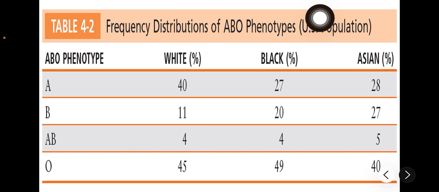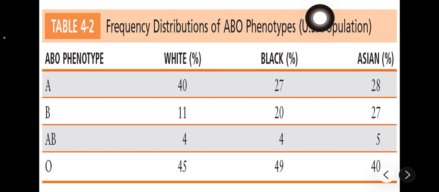For the Black or African American population, this group has a higher prevalence of Group O, usually at 49%. Notably, the Group B phenotype is significantly more common in this population, usually 20%, than in the white population. Group A occurs in 27% of individuals, and Group AB remains at 4%.